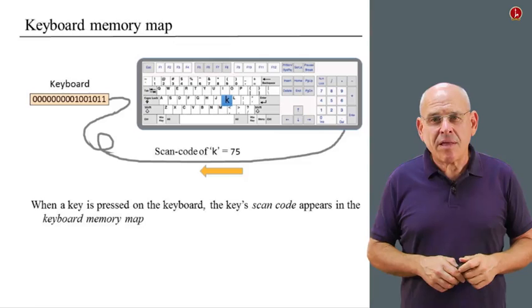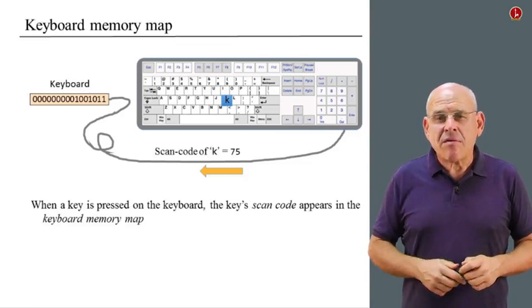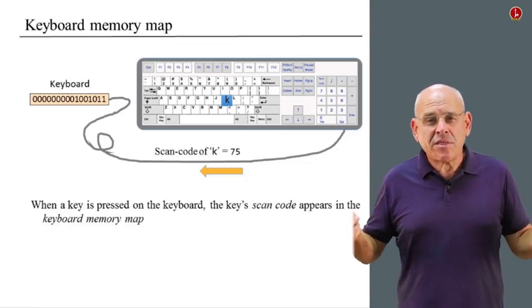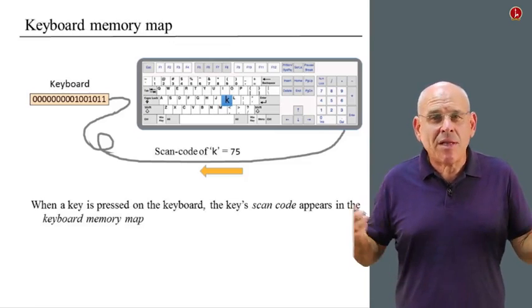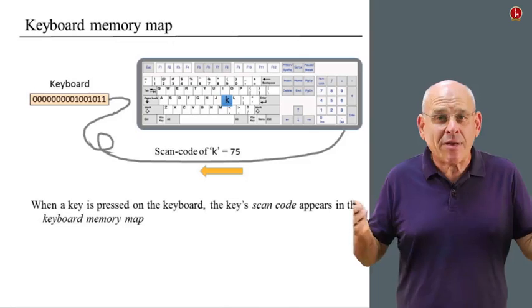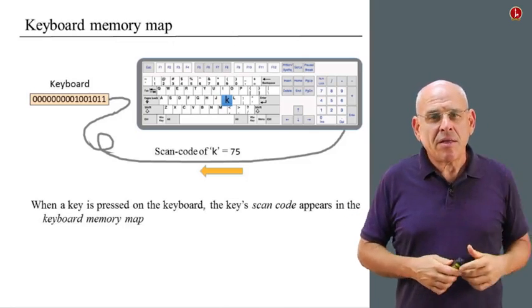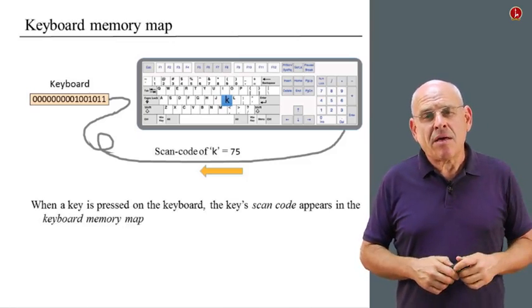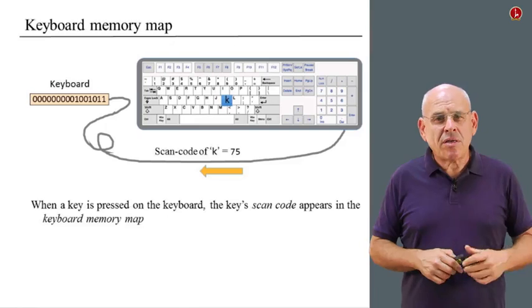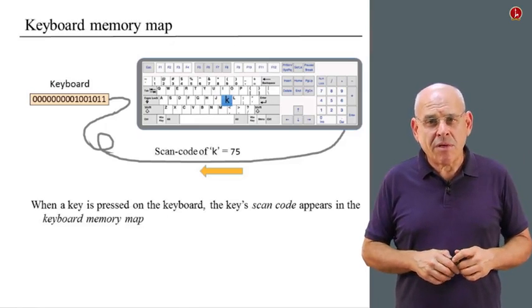For example, if I press K, there is an agreed upon value, which happens to be 75, almost an arbitrary value. And this value, 75, is going to appear in its binary manifestation in the keyboard chip.